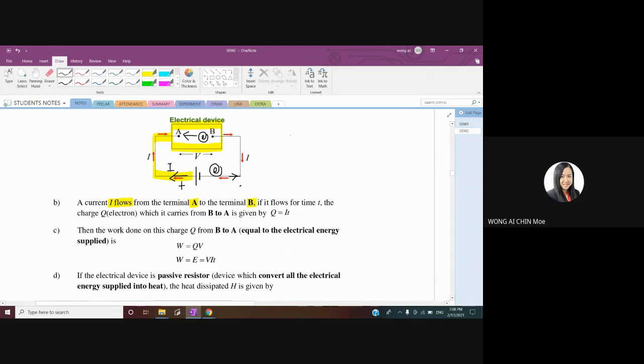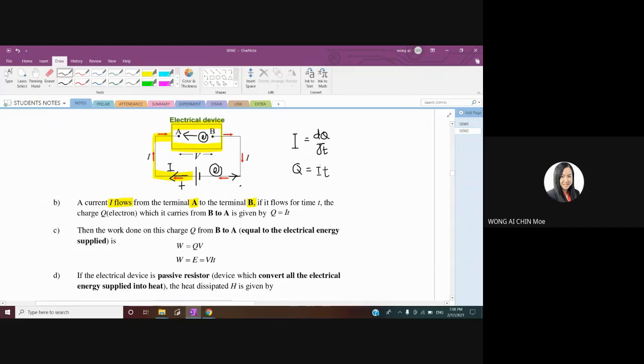So our current is equal to dq over dt, meaning the rate of charge flow is equal to our current, or we can write our charge equals IT.